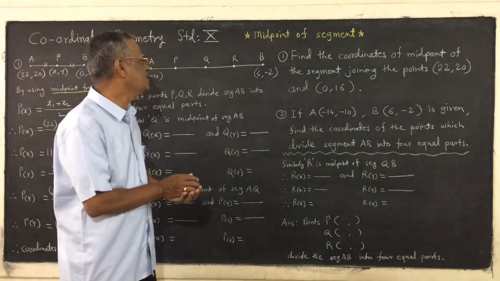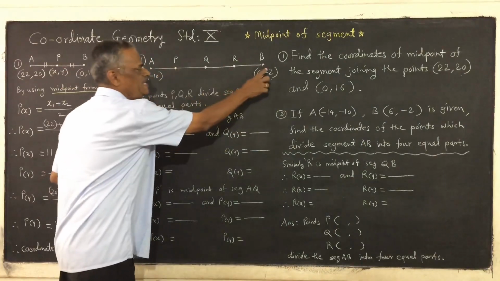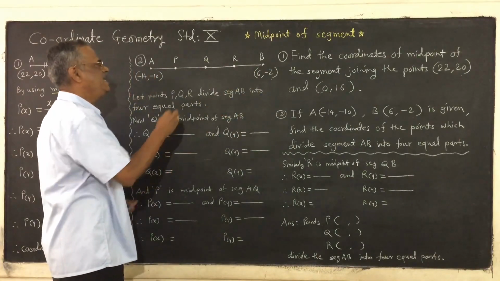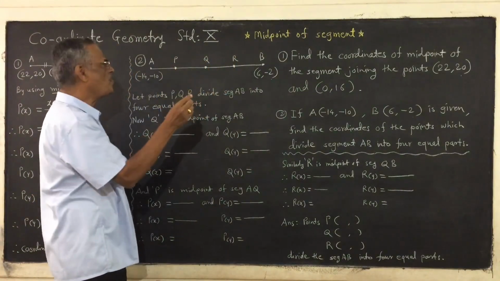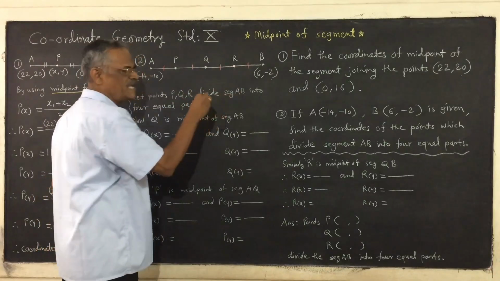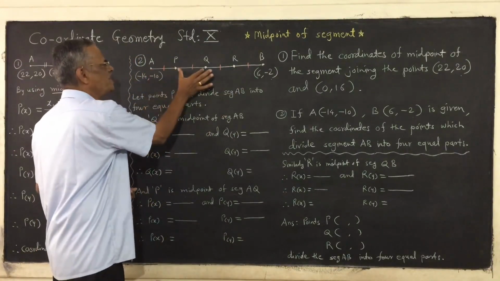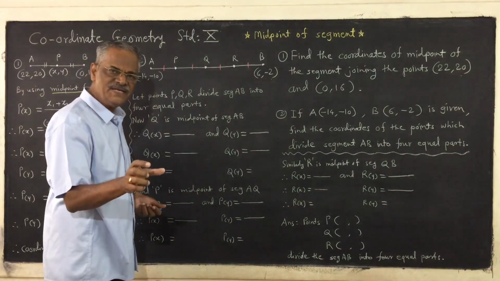So consider a rough diagram. Let AB be the segment, and P, Q, R are 3 points which divide the segment into 4 equal parts. A very interesting problem.